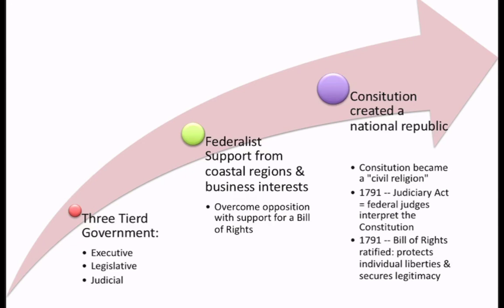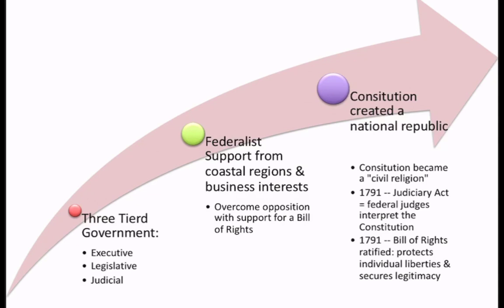And so there are going to be two major issues that we're going to be talking about next. The 1781 Judiciary Act, which gives federal judges the right and the legal justification to interpret the Constitution. Not the states, okay, but only federal judges.